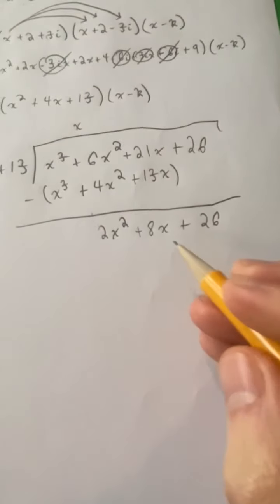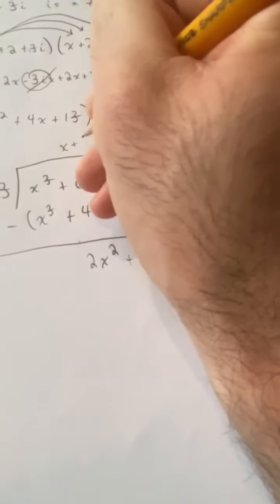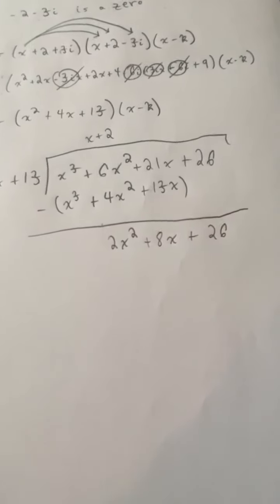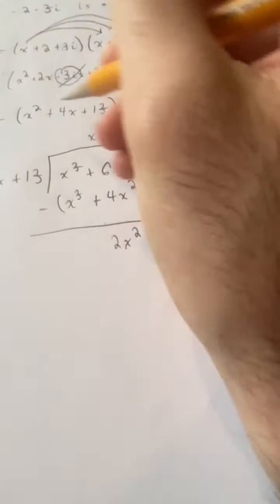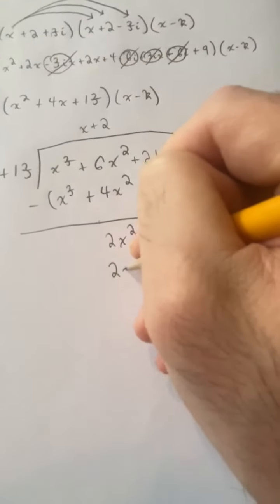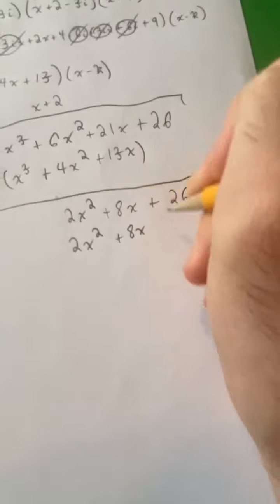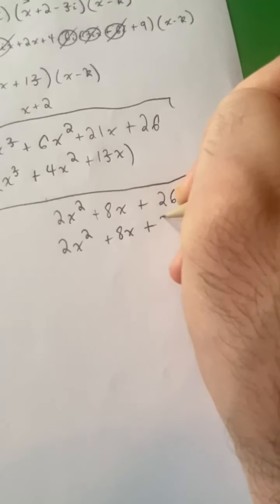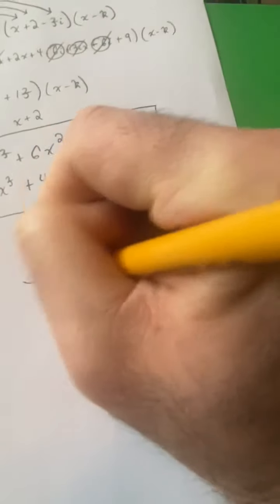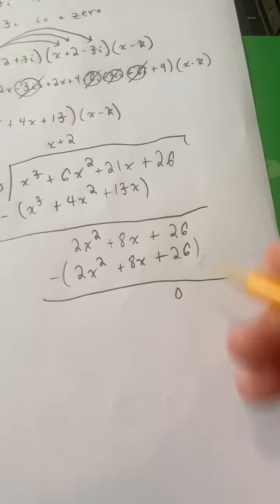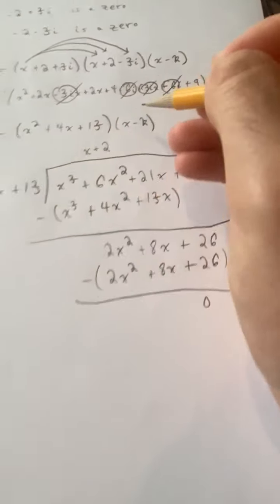You can kind of see where this is going, plus 2. So 2x squared plus 8x plus 26, subtract, we get 0. So it's evenly divisible, our remainder is 0, and the quotient is x plus 2.